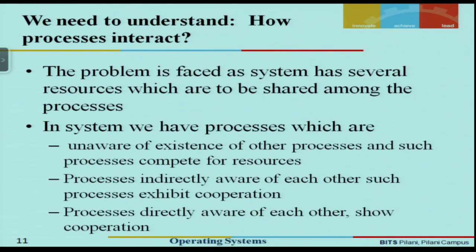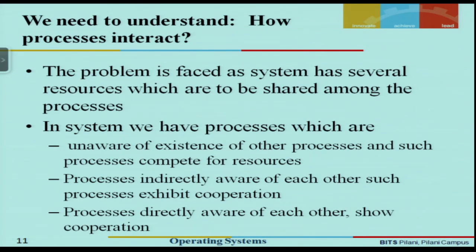As a consequence, when such a thing happens, it will lead to a competition for the resources, because simultaneously multiple processes would want to access the same resource, and since they are not aware of the existence of the other processes, there would probably be no cooperation, and these processes would compete for the resources.